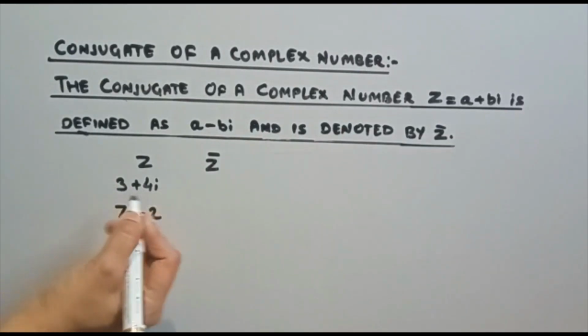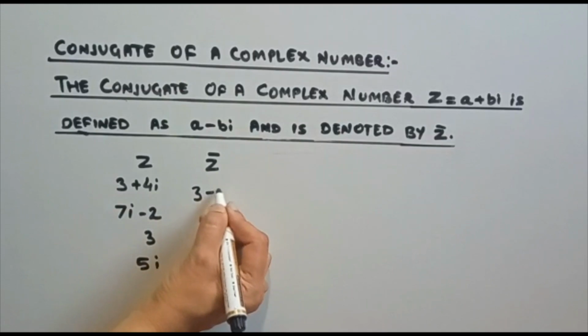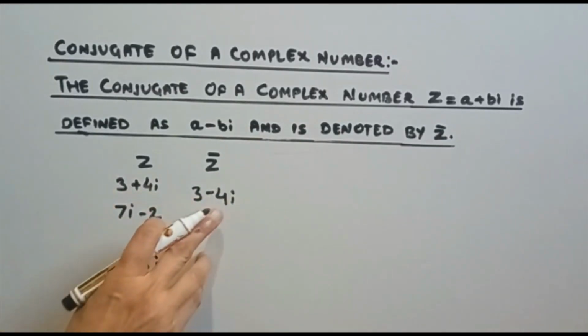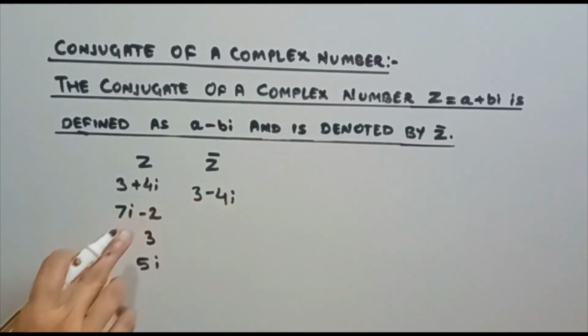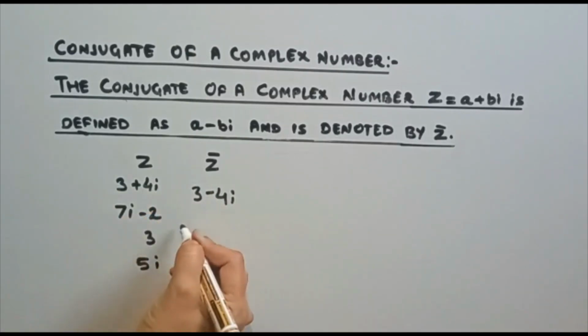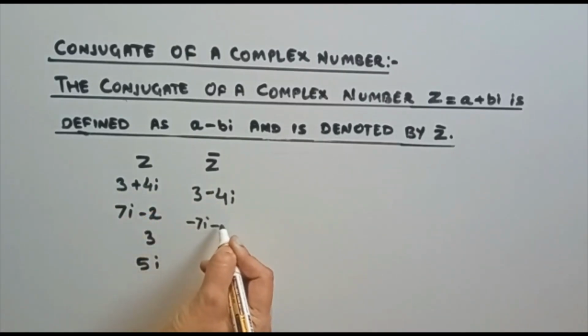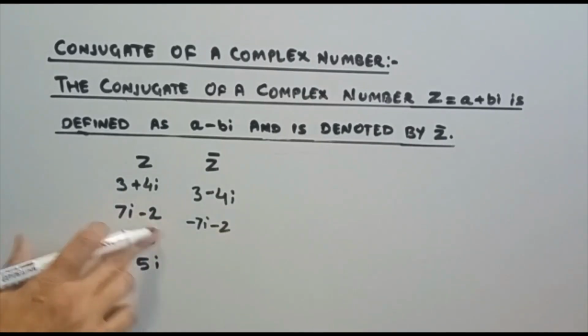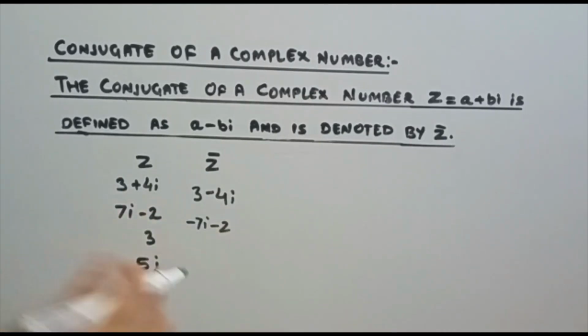See, 3 plus 4i we will write as 3 minus 4i, making this term negative. This is positive, now I am writing it with a negative sign. This will become minus 7i plus minus 2. Real term as it is, only the imaginary term changes. This 3 will remain as it is, 5i will become minus 5i. This is the conjugate of a complex number.